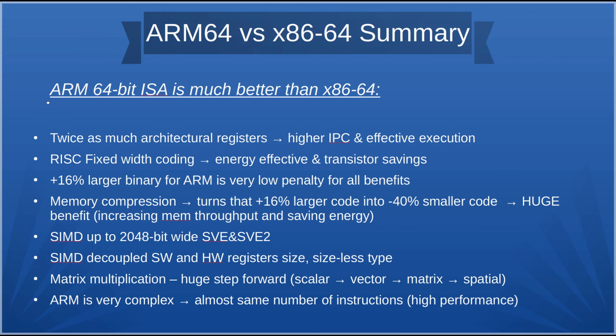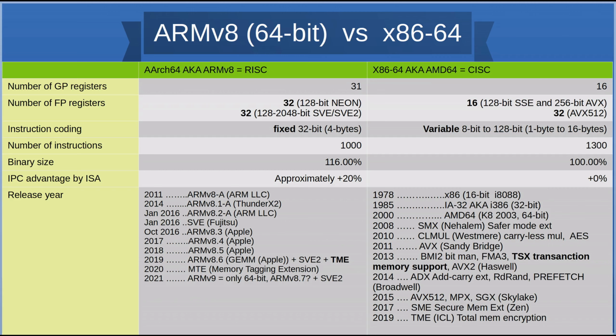The last thing I would like to talk about is the future, and how x86 can fight ARM. And I think it's pretty difficult, because I already talked about how ARM v9 is actually only 64-bit, with no 32-bit compatibility, and probably also no Neon compatibility.